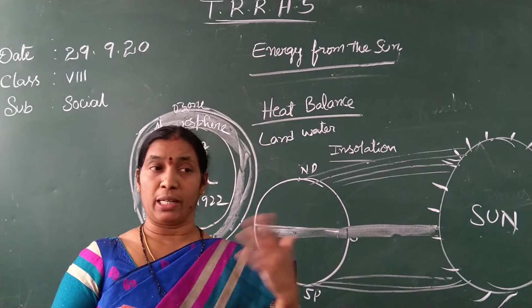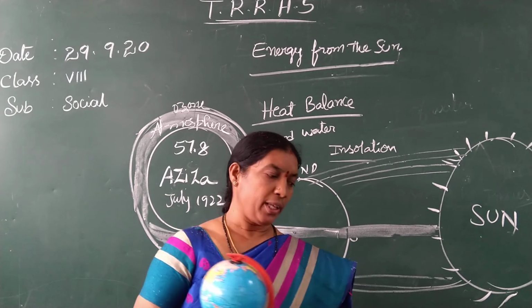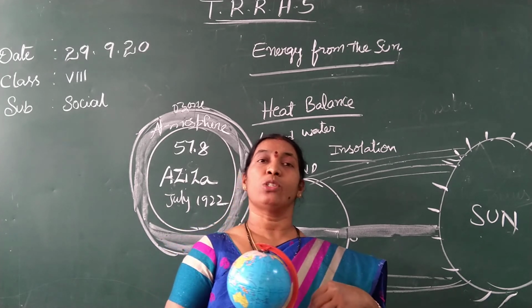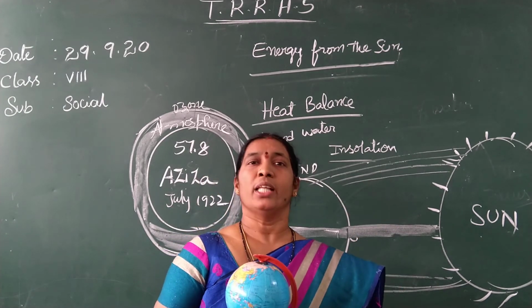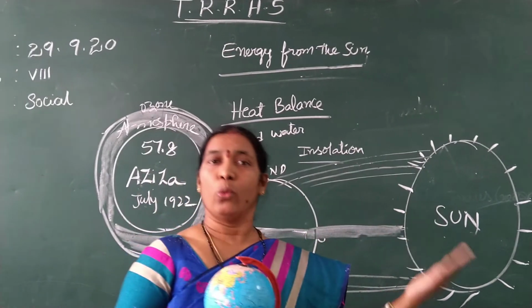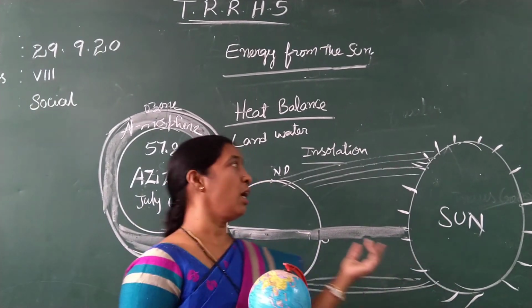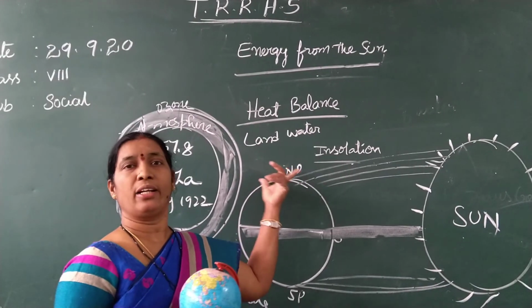But the top layer of land is hard, opaque rather than transparent, so the sun's rays cannot go into it. That's why only the top heats fast and cools fast. This is the relationship between land and water.